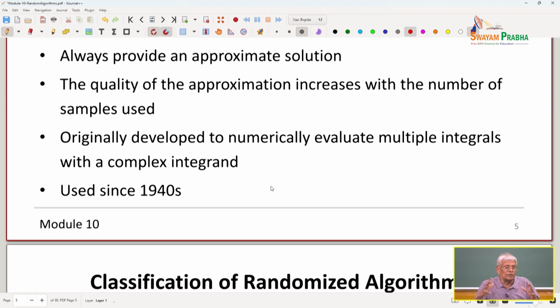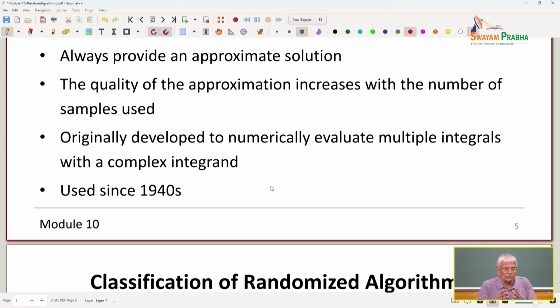They were involved in trying to compute complex mathematical expressions, evaluating complex integrals in the context of the design of nuclear bombs that involve multiple integrals with complex integrands. Necessity is the mother of invention.